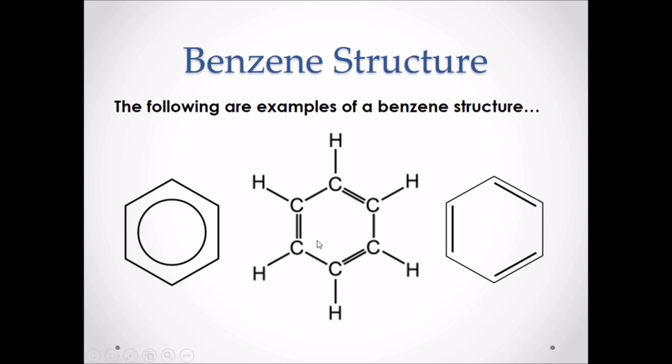They're actually shared amongst all of the carbons in the molecule, giving each of the bonds the same strength and length. That's why benzene structures are considered saturated. And finally, our illustration on the right is also an example of a benzene structure drawn in a line diagram with, again, the 3 double bonds.